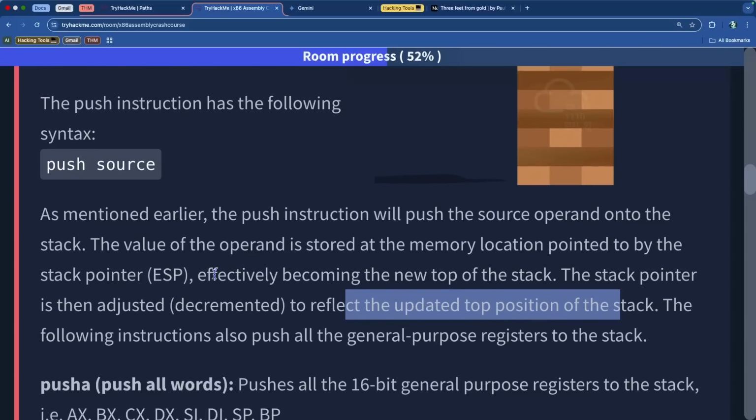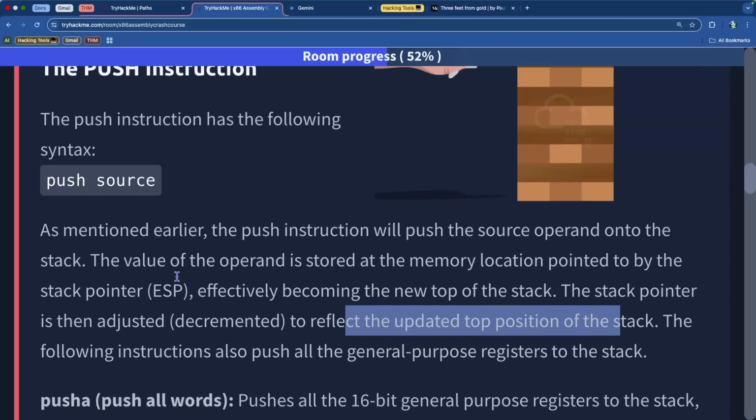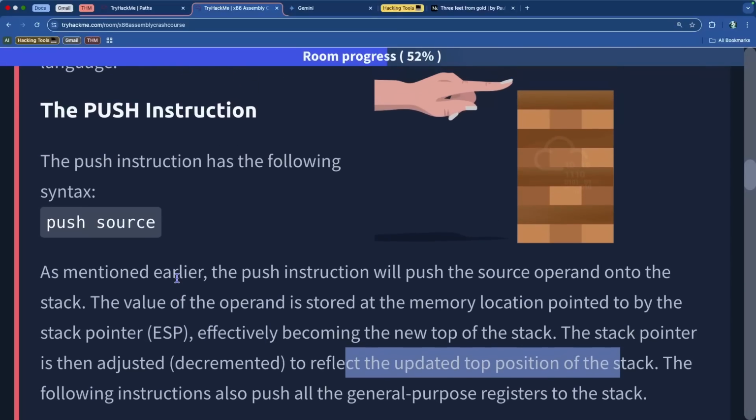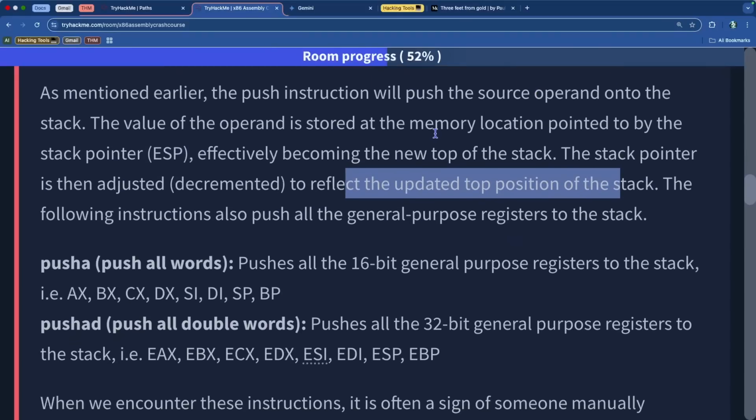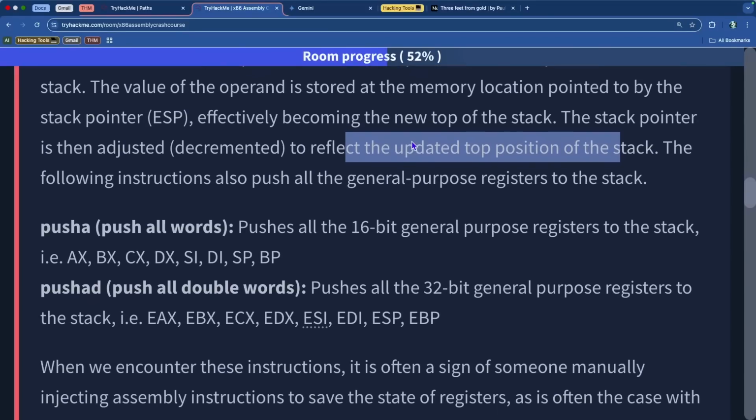So the pointer is everything other than the stuff that's just being pushed on top of it, right? So let's say this is the top, all of this stuff ends up being the pointer, which means all of this is going to be decremented, decreased by 1. So it's going to move down one place so that we can add this thing to the top of it. That's what all of that actually means.